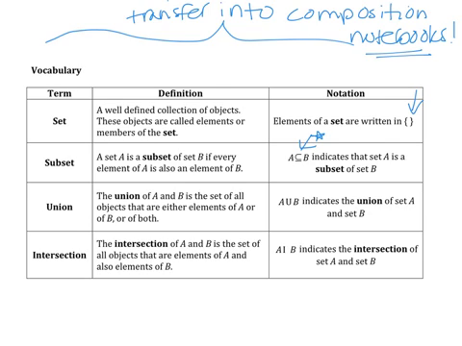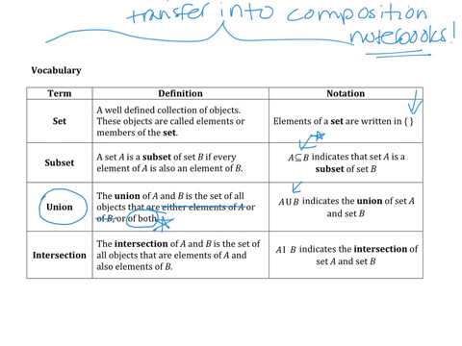A union of two subsets are elements of both. You have to have all or nothing. So it's not either A or B, it's both. And this is the way we represent that. Subset A is a union of B.